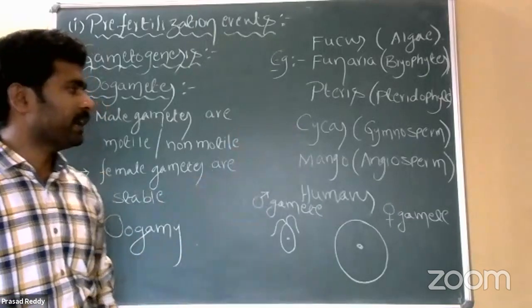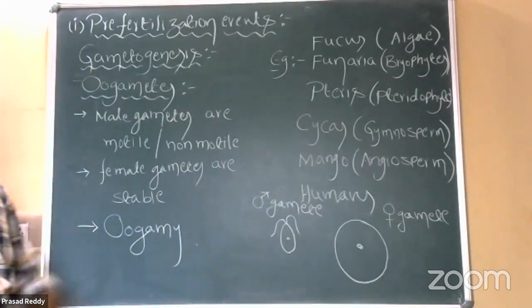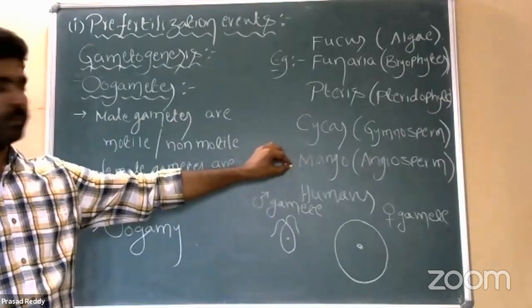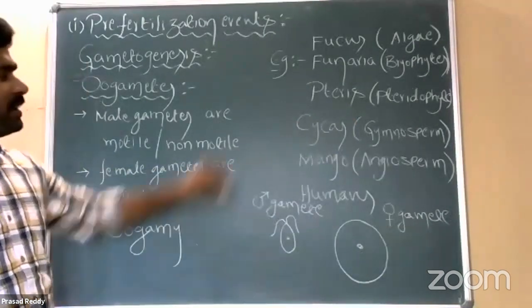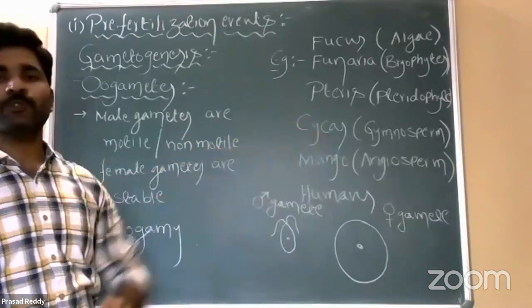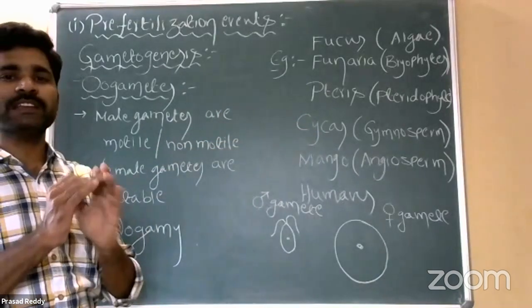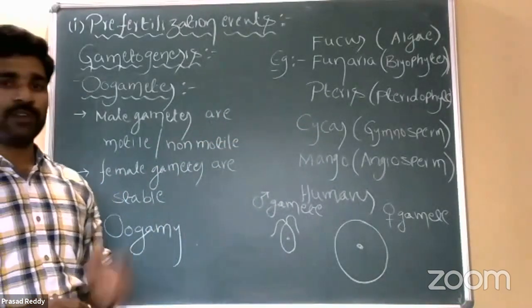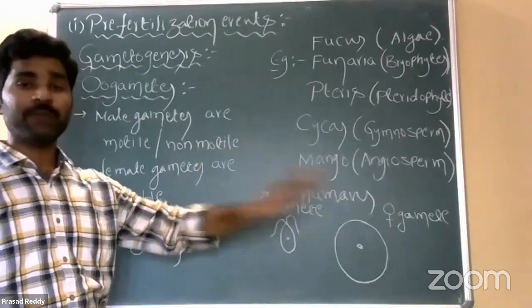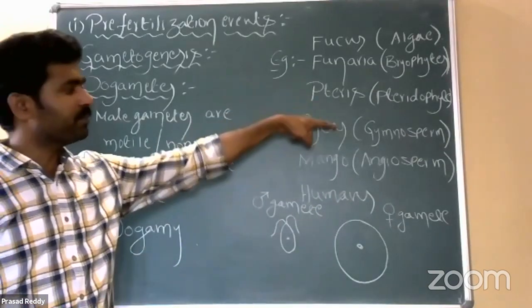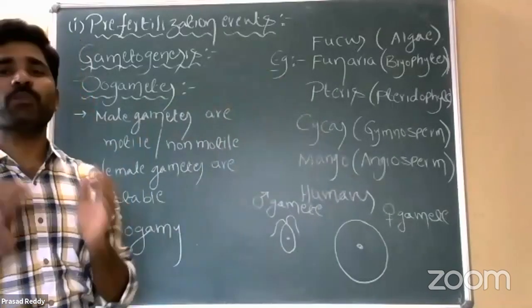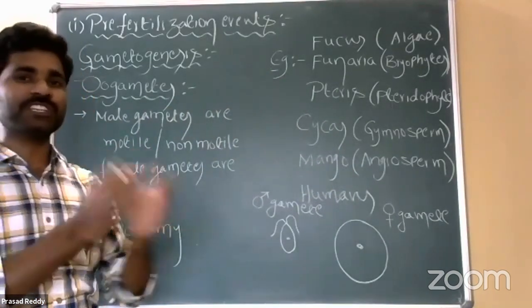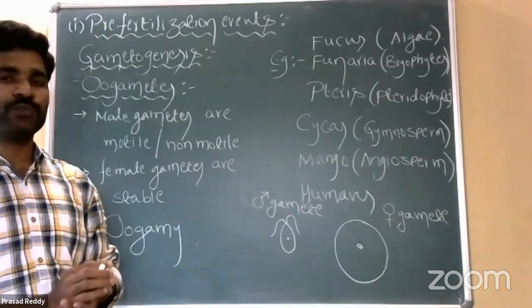So better to take mango. Mangifera indica, mango, is an angiosperm; Cycas is a gymnosperm. But in gymnosperms and angiosperms, the male gametes are completely non-motile. Male gametes and female gametes are both completely non-motile. How do the non-motile male gametes reach the non-motile female gametes?